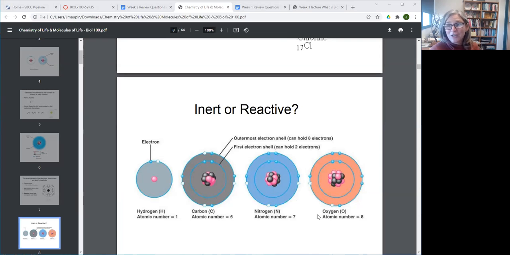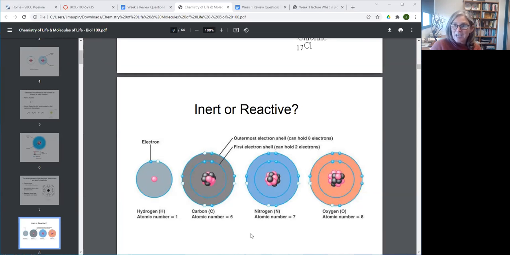So when you look at molecules, what you'll see is you have a molecule like water, which is H2O. There are 2 hydrogens and 1 oxygen. And so that 1 hydrogen's bonding with an oxygen, they're filling their outer shells. And then this other one over here would take another hydrogen. So these are all reactive.